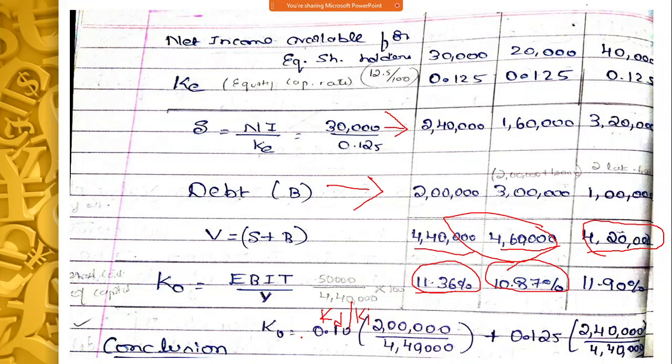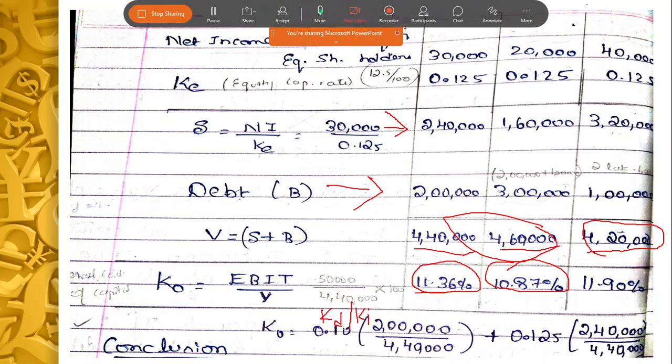And when you add it up with the cost of equity, you will get the overall cost of capital. Now, either you use EBIT by V or this formula, the result would be one and the same.